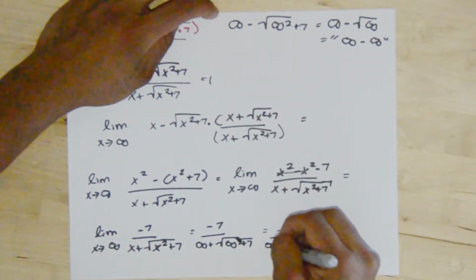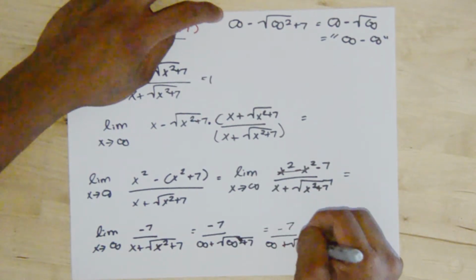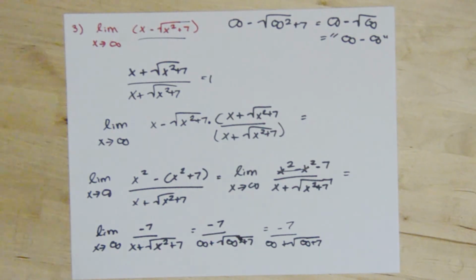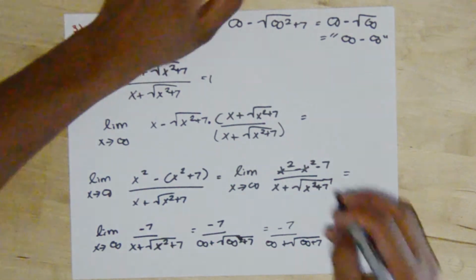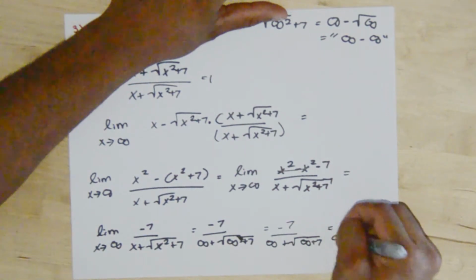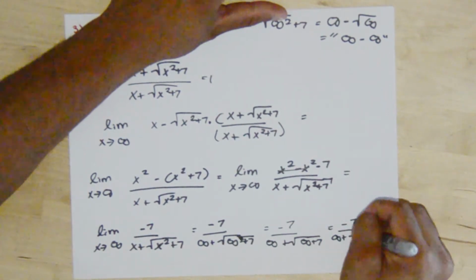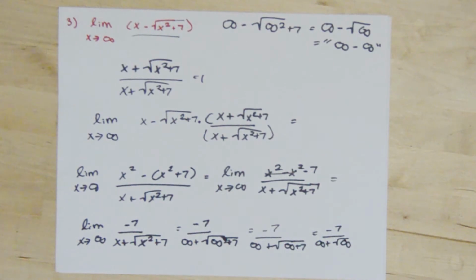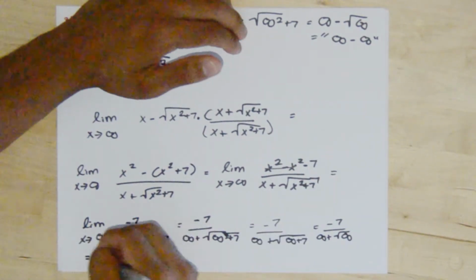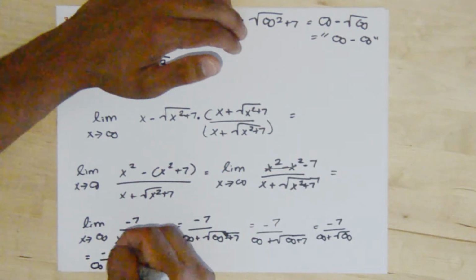So we do infinity plus the square root of infinity plus 7. We know infinity plus a constant equals infinity. So if we simplify this out, we get negative 7 over infinity plus the square root of infinity. We know that the square root of infinity is also infinity, so this equals negative 7 over infinity plus infinity.